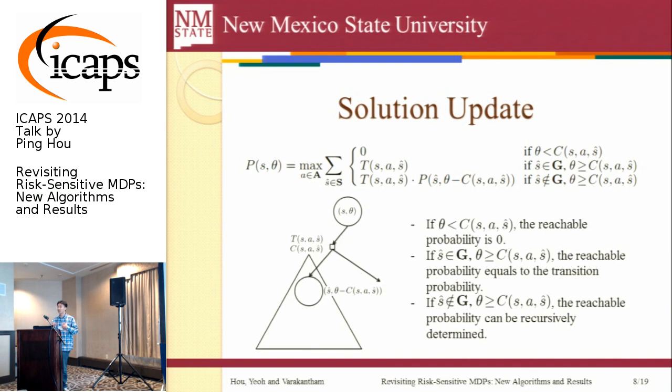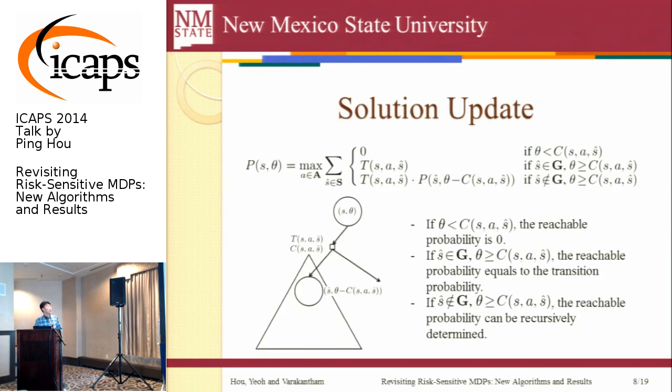Otherwise, if the successor state is a goal, then it can reach the goal safely, of course, and the reachable probability is the transition probability. Otherwise, if the successor is not a goal, the reachable probability is recursively defined as the transition probability times the reachable probability of the successor state.